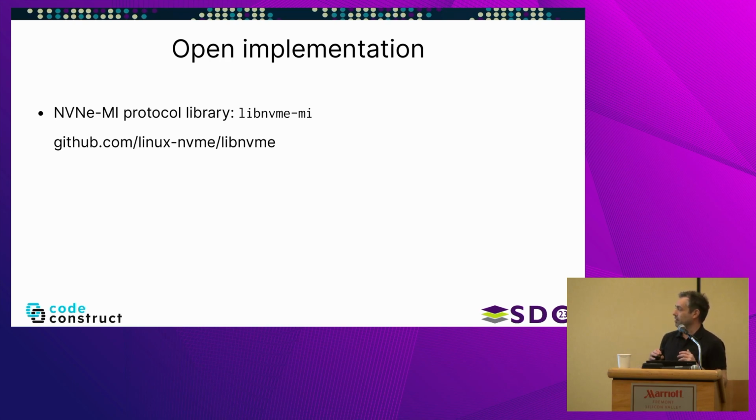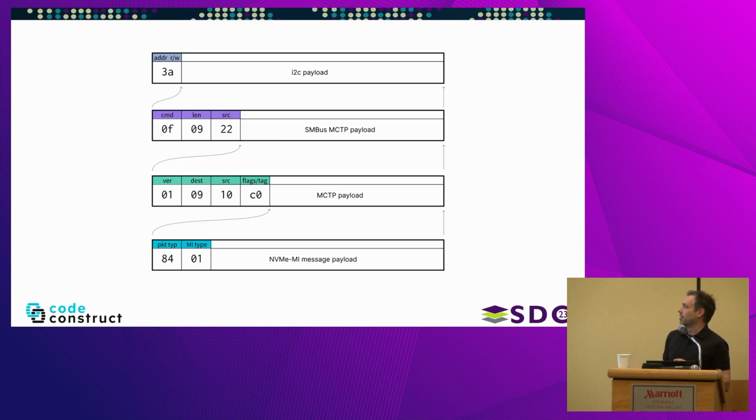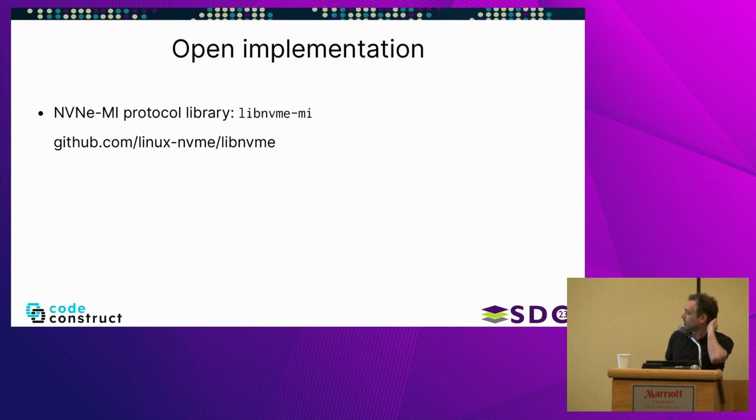So that's maintained by the existing Linux NVMe project, and the contributions there add the MI support in a somewhat intentional way, matching how the existing API works for NVMe in general. This gives us methods of writing standard Linux programs against an existing library interface that can do our MI messaging.